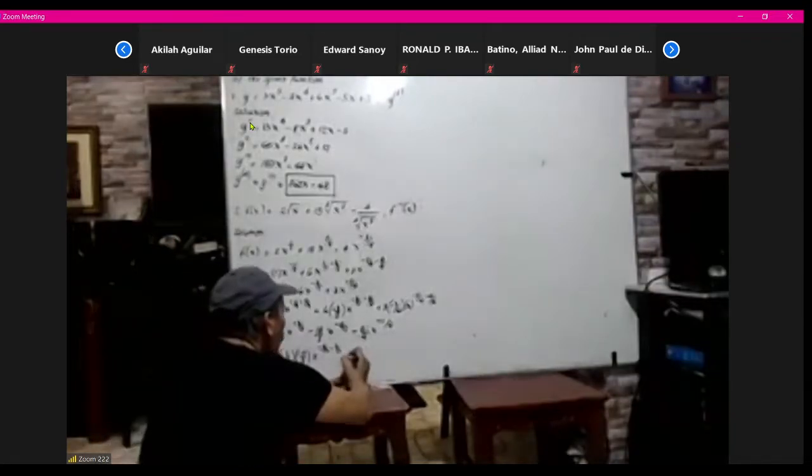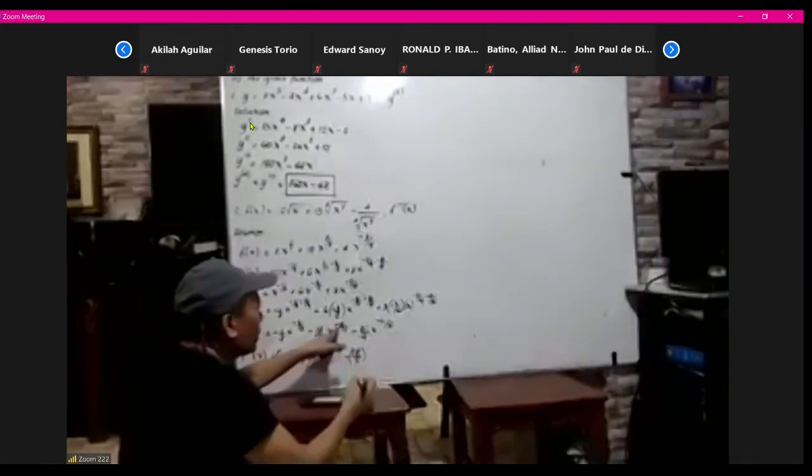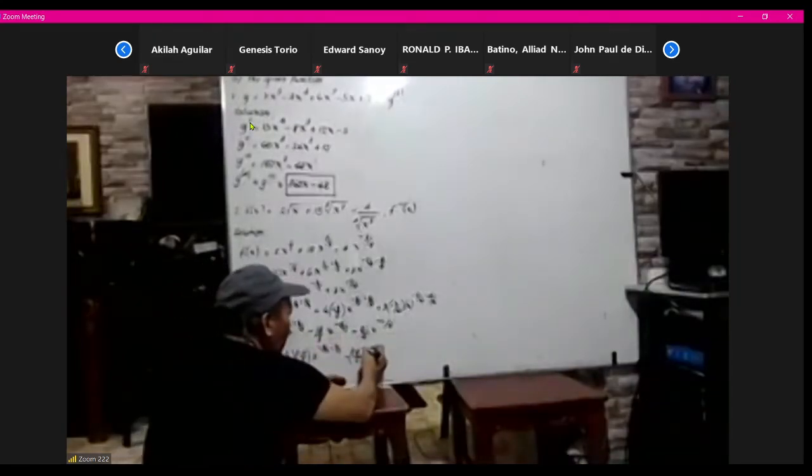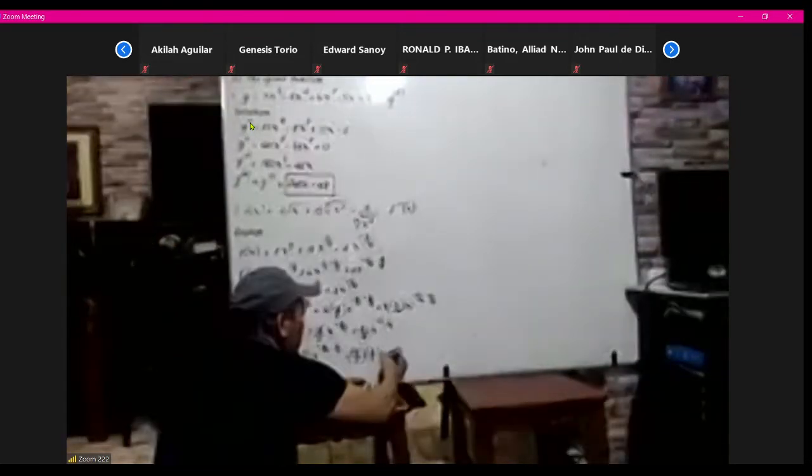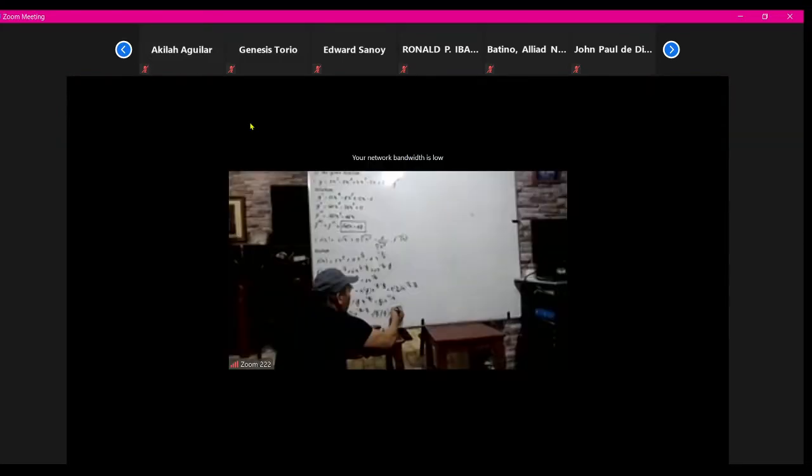Then, minus 18 over 5. Multiplied now by negative 8 over 5. Then, x raised to negative 8 over 5 minus 5 over 5.